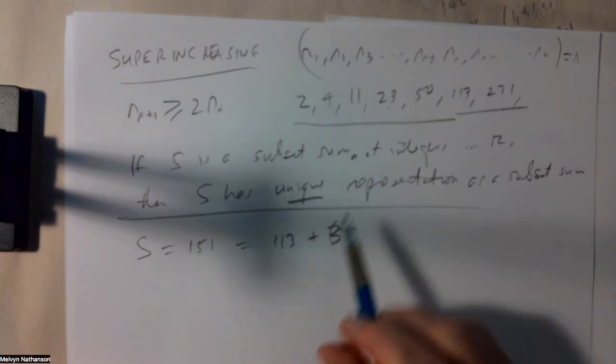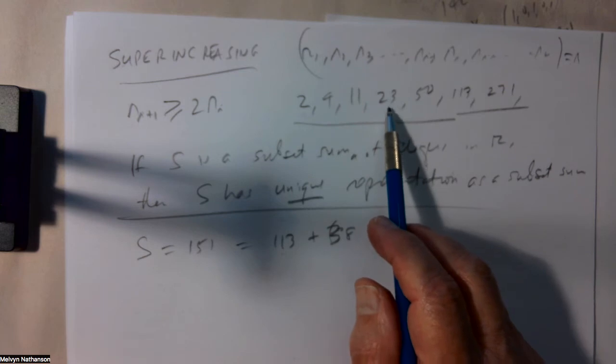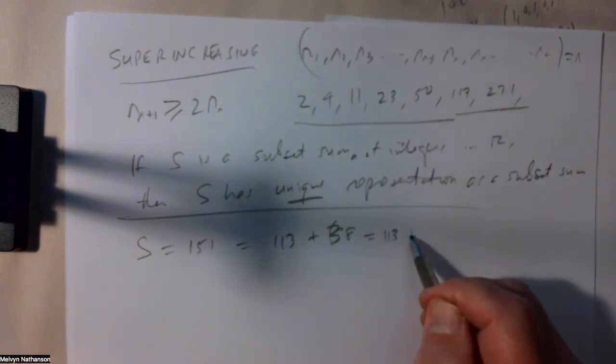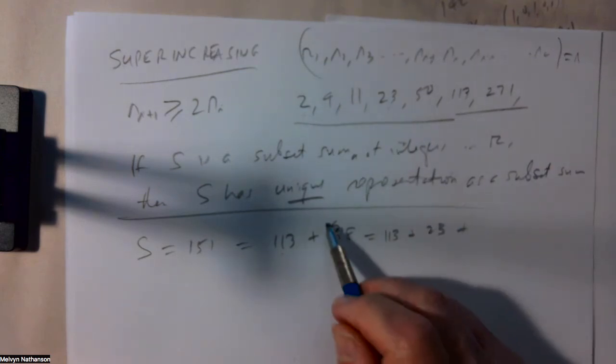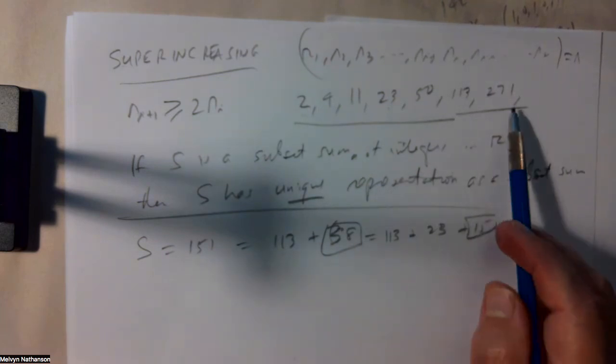If I want to write 38 as a sum of elements from here, the largest number I can pick is 23. So this is 113 plus 23, and then I have 15 left over.